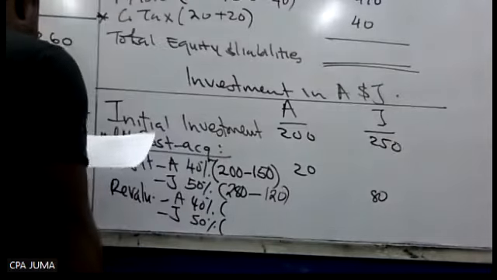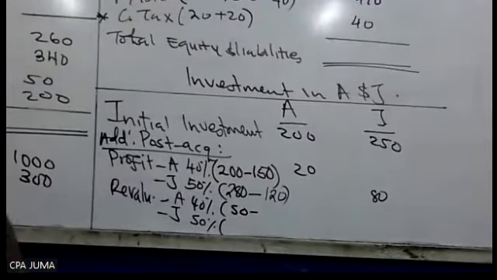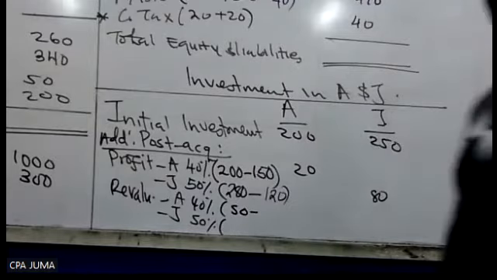So revaluation in the books of A, 50 minus what? 50 minus?